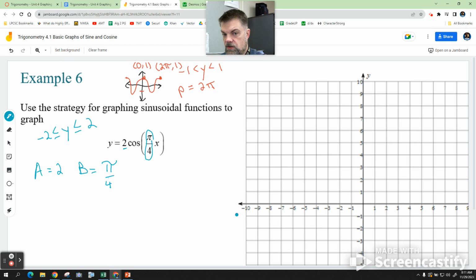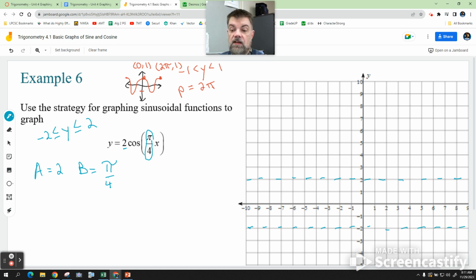So on my graph over here, I'm just going to draw a little dotted line, and then over here I'm going to do the same, just draw a little dotted line. That's my range for now. At some point we'll shift that range up, but we're just doing A and B.